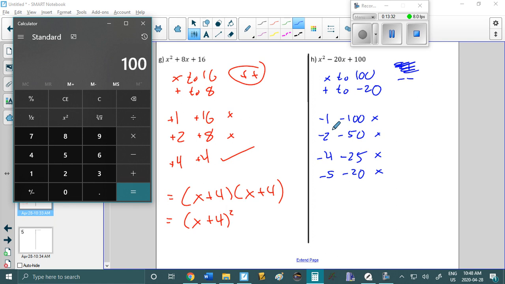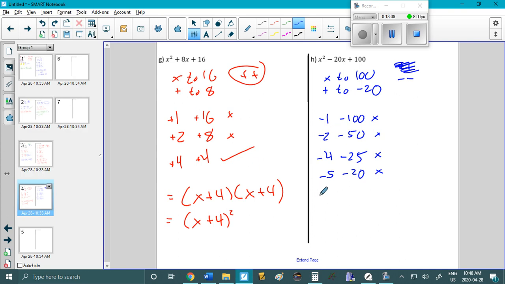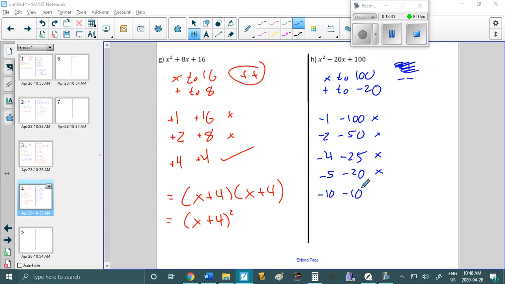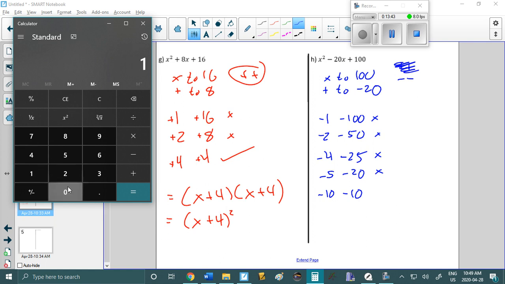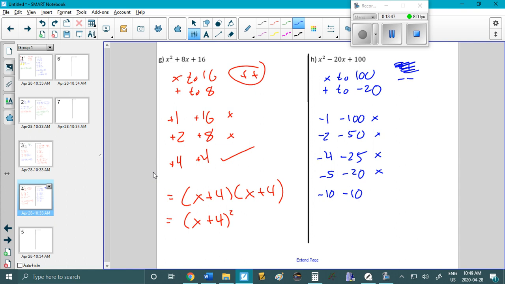Oh no. Divided by 9. No. 100 divided by, oh, it's 10. So negative 10, negative 10. And if we do negative 10 minus 10, we get negative 20. This is our answer. And so we have x minus 10 times x minus 10, or if they're both the same, we write it once and square it.